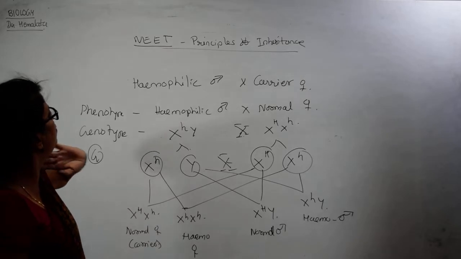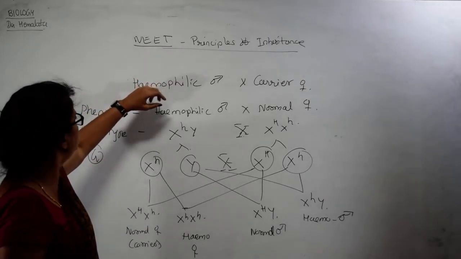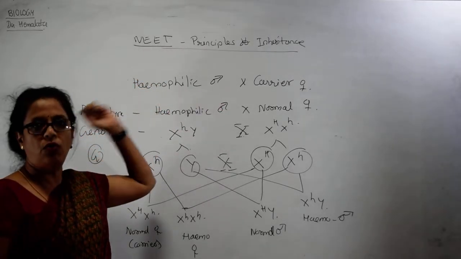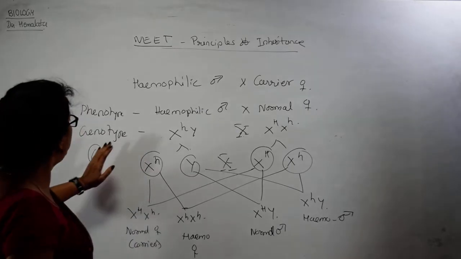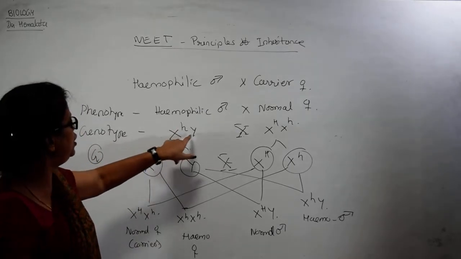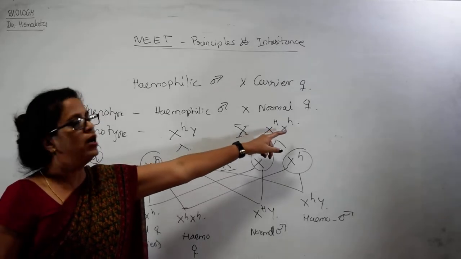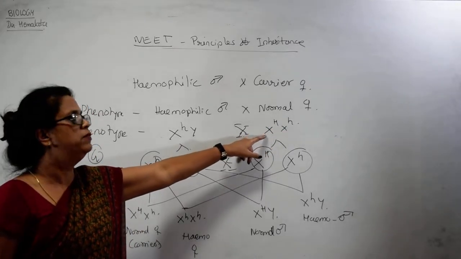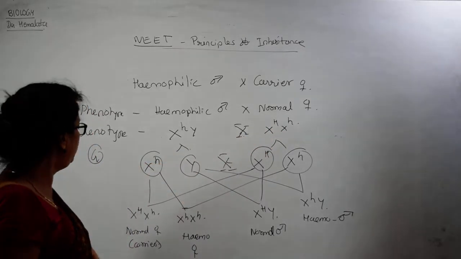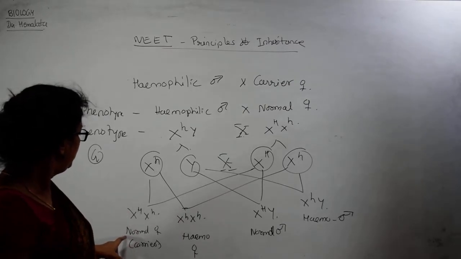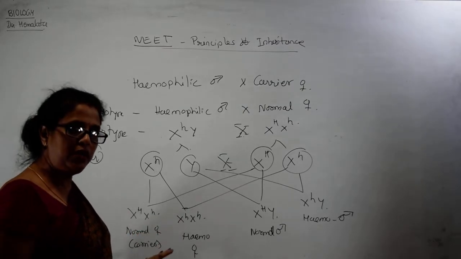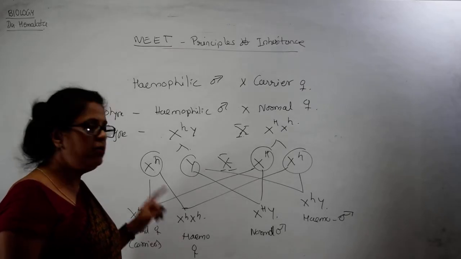If you are finding the cross between a hemophilic male and a normal female, then he will have an affected gene with the Y chromosome, and she will also have one affected gene with the normal gene. Therefore, there is a possibility that there will be one female who is a carrier but looks normal, but one female is affected.